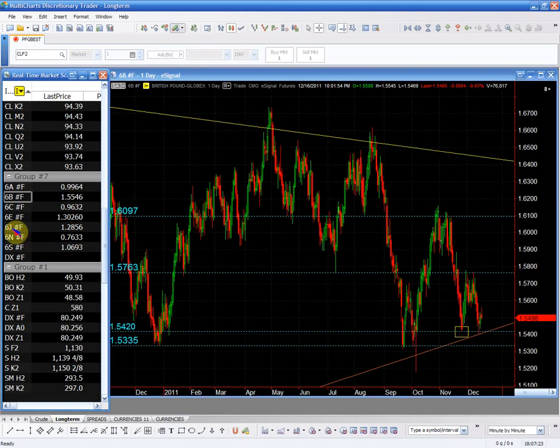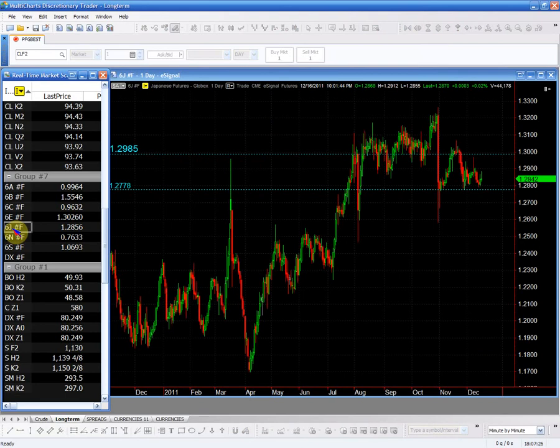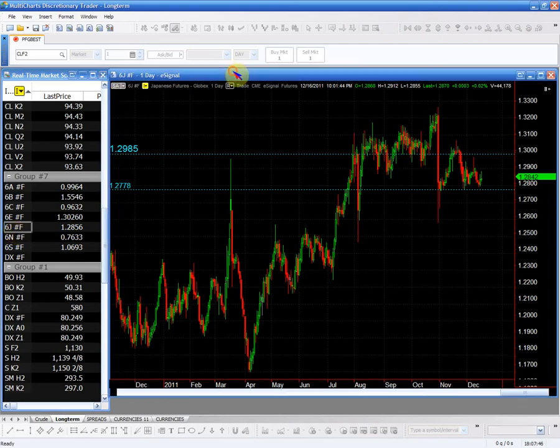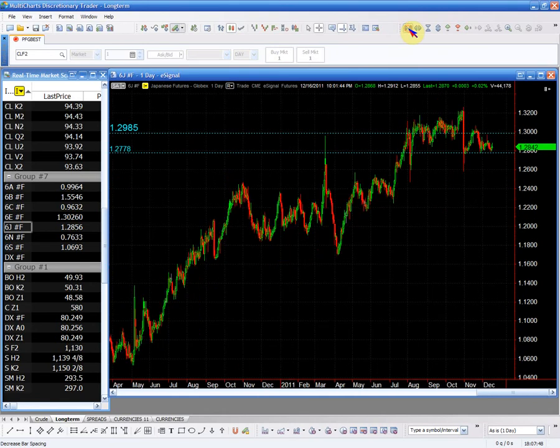If we look at the Japanese yen, this is in a big zone between the 129.85 and the 127.78. It is the strongest currency fundamentally out there. It is technically strong, fundamentally it is strong, but yet it is contained in this move.